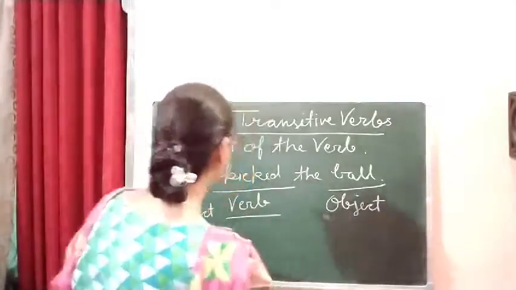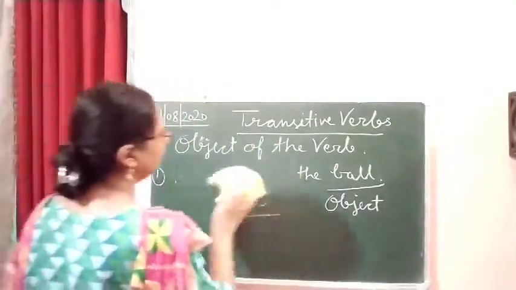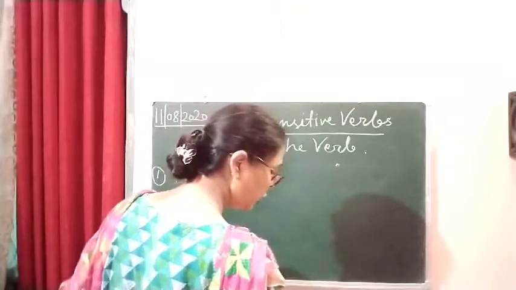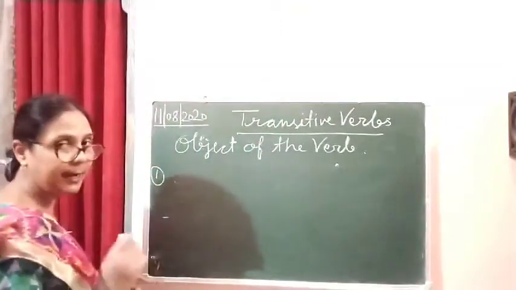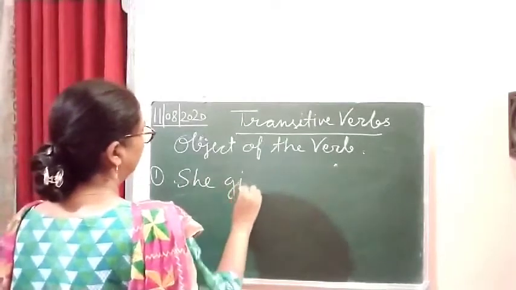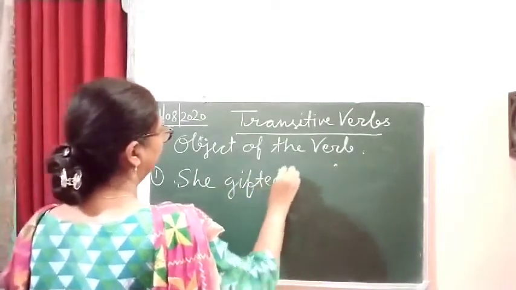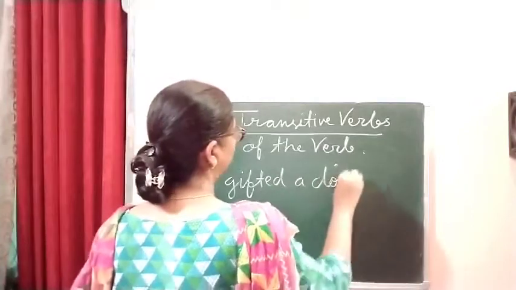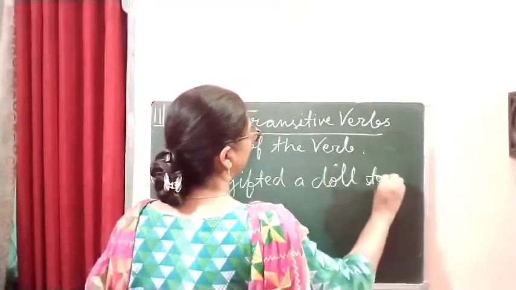Now we are moving to the next example that will show you the direct object and indirect object. Now, she gifted a doll to her.